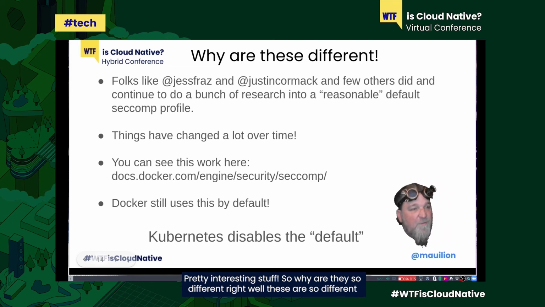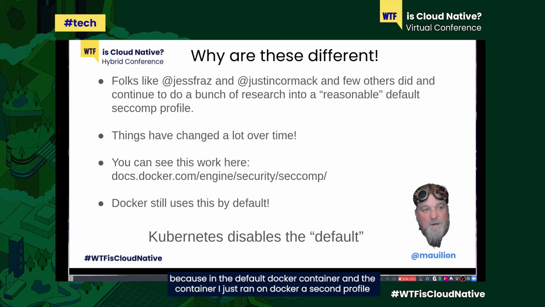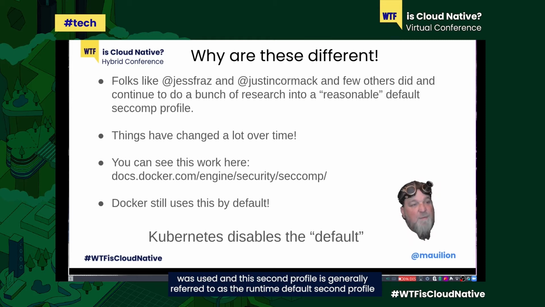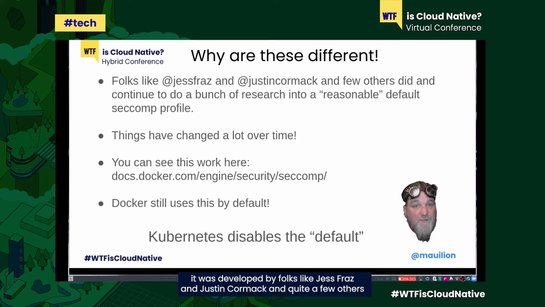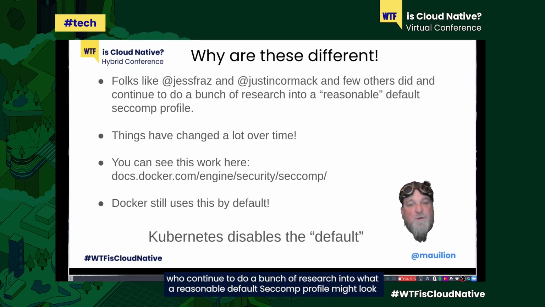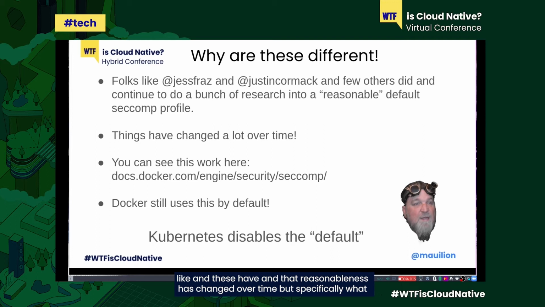Well, they are so different because in the default Docker container, the container I just ran on Docker, a seccomp profile was used. This seccomp profile is generally referred to as the runtime default seccomp profile. It was developed by folks like Jess Frazelle and Justin Cormack and quite a few others, who continue to do a bunch of research into what a reasonable default seccomp profile might look like, and that reasonableness has changed over time.